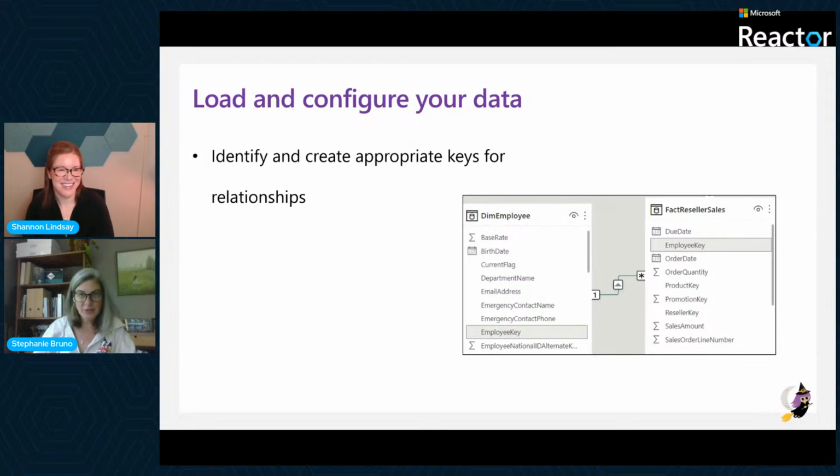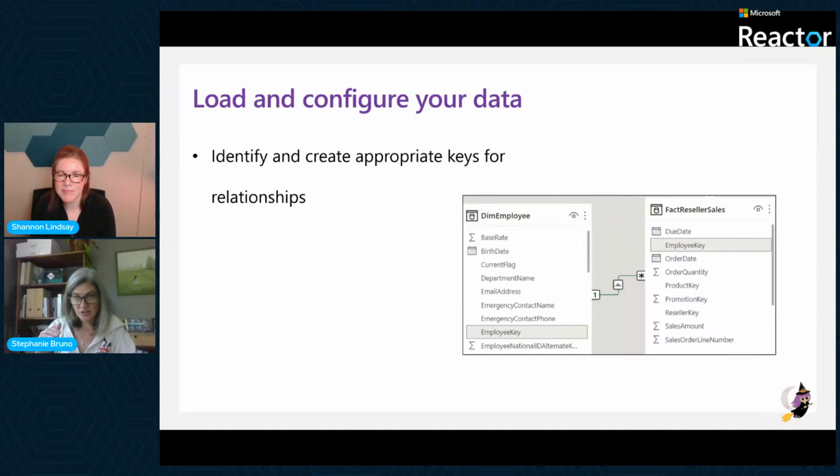Okay. So, loading and configuring our data. Before moving into modeling, we need to make sure that our tables really are ready to be related to each other in the model, because we need to make relationships for this all to work. This means identifying keys like customer IDs and product codes that will link everything together.